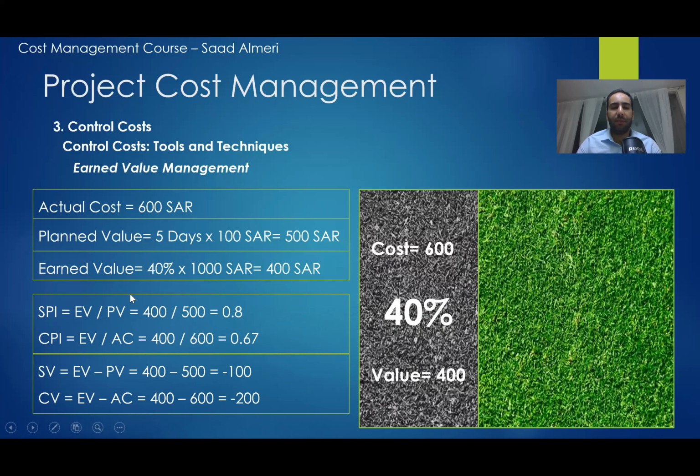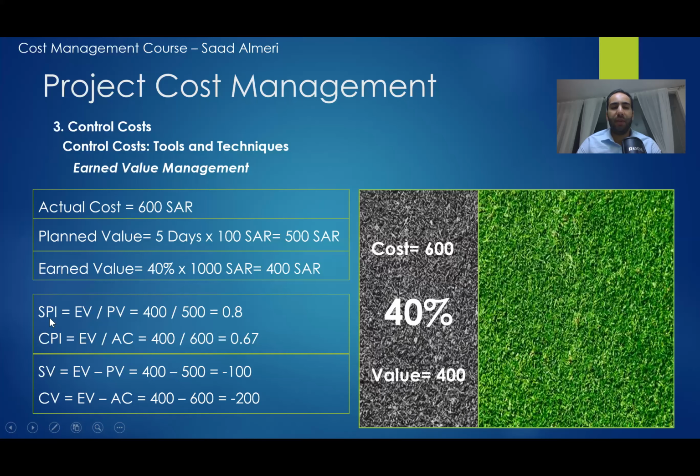If you want to remember the formulas again, the SPI and the CPI are indicators, and then they are fractions. The SV and CV are variances, then they have the minus. We put the EV in the first place in each formula.